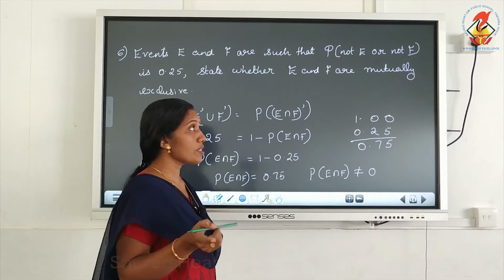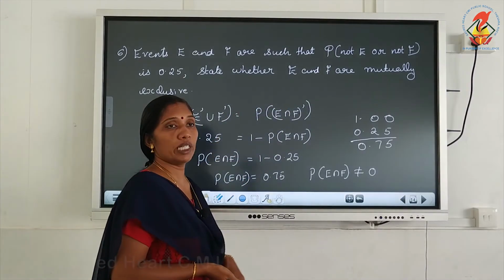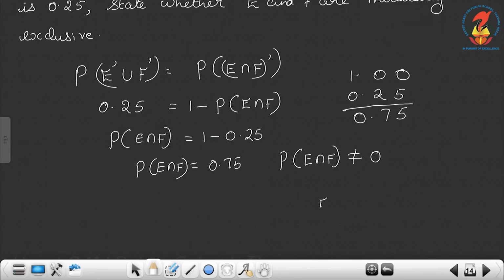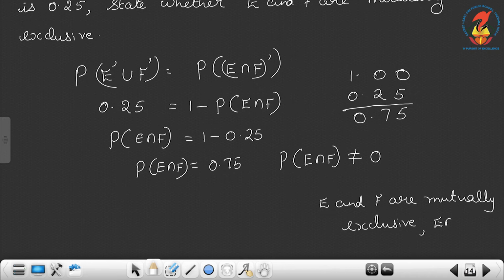If it is equal to 0, then E and F are mutually exclusive, isn't it? E and F are mutually exclusive means E intersection F is equal to the null set.